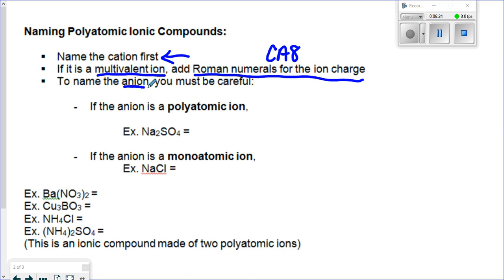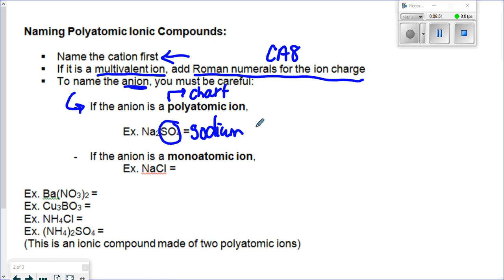To name the anion, we need to be careful. If the anion is a polyatomic ion, so again, that's from the chart, the way that we name it is we name our cation first. So this one is Na, which is sodium. If it's polyatomic, all that you do is figure out what that ion is.